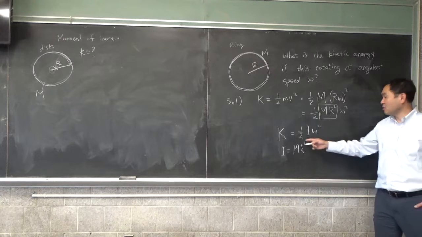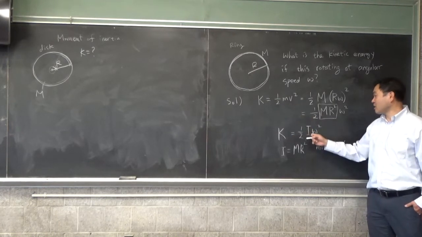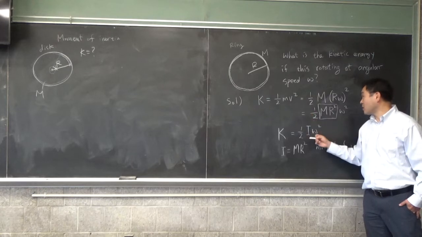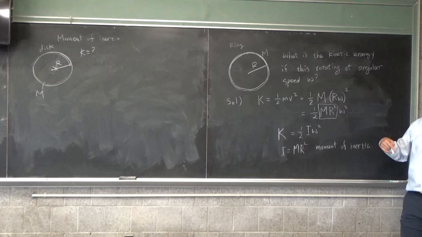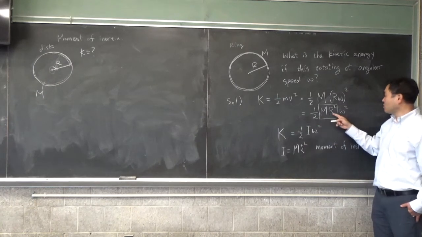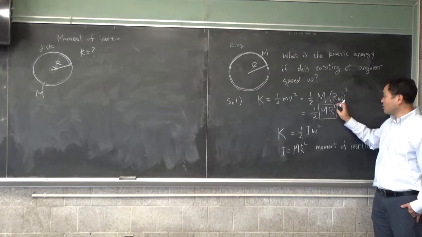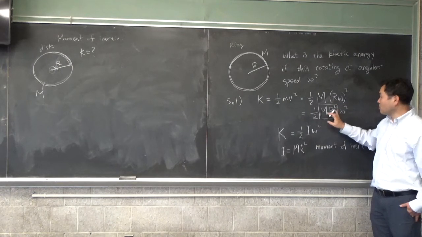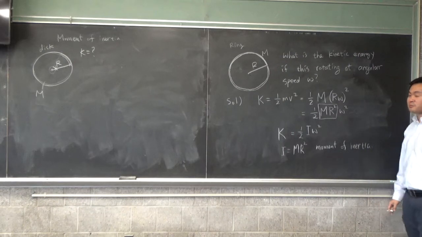So the formula you write is very similar to this one. You can see that I corresponds to m and omega corresponds to v. So if you replace the velocity by angular velocity, then the distance unit of length squared has to be attached to the mass, and that quantity is called moment of inertia.